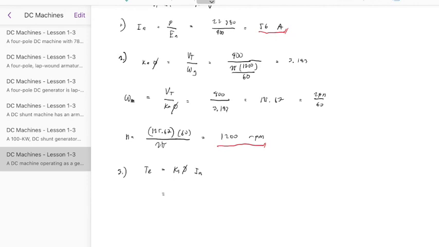So we have atong KA theta is equal to 3.183 times ang atong armature current, which is 56. So atong torque is equal to 178 Newton meters. So mao na siya ato ang answer class.